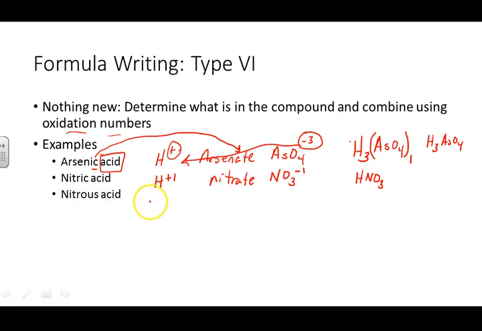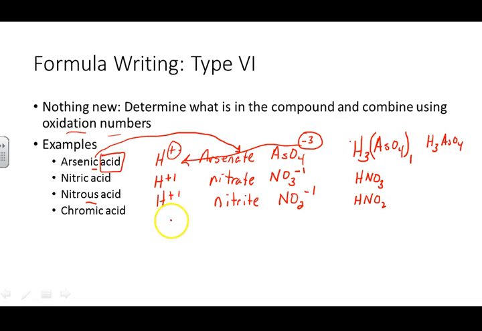Nitrous acid we just did. That's going to be hydrogen. And we have nitrous. OUS came from ITE, so this would be nitrite, which is NO2, the -1, +1, 1-to-1 ratio of hydrogen to nitrite.